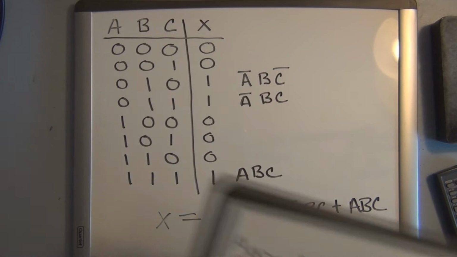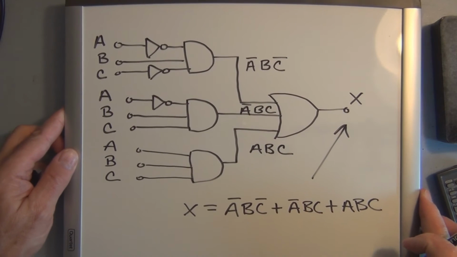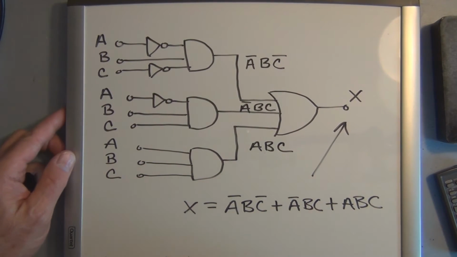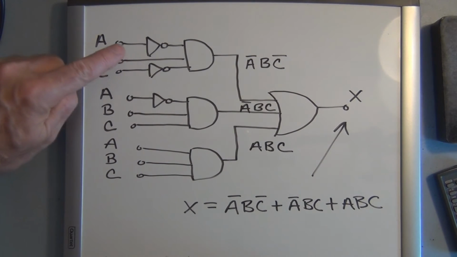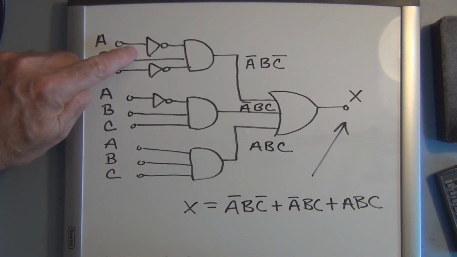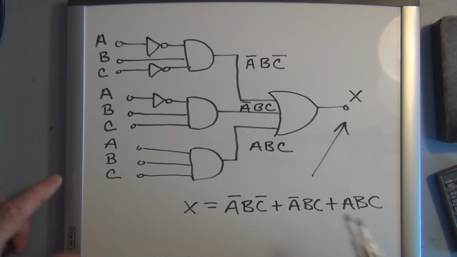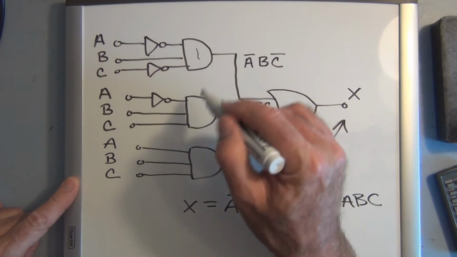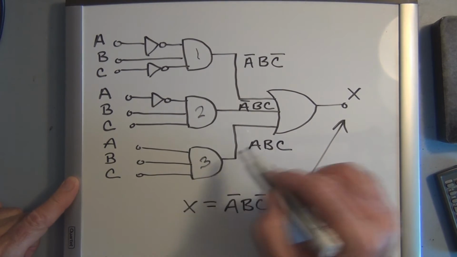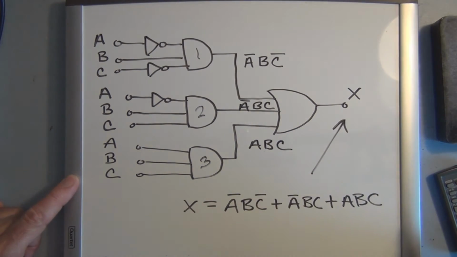And this is what the algebraic expression would look like with gates. Each of these terms represents an AND gate with the appropriate inputs inverted or non-inverted, and the outputs from each of these AND terms, 1, 2, and 3, feed this OR gate.